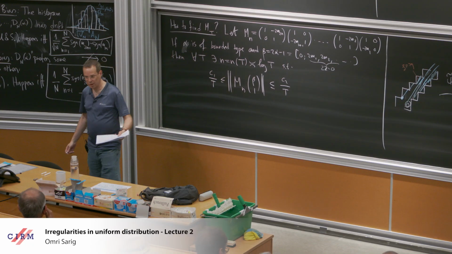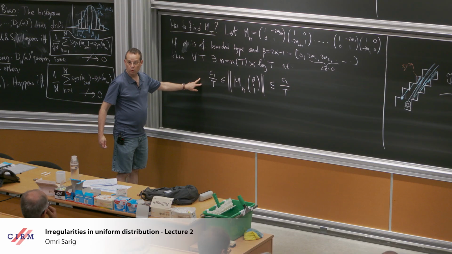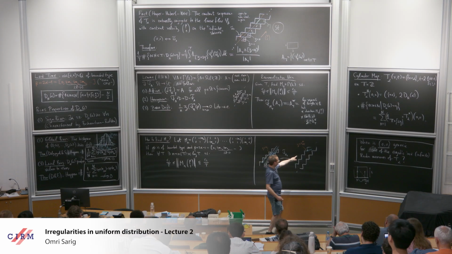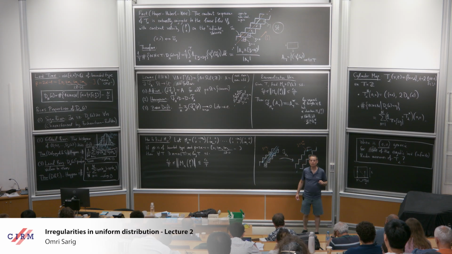Now where does bounded type become important? In the lower bound. I want to contract, but I don't want to contract too much because I don't want my image curve to degenerate. I want to keep it in a pre-compact family.